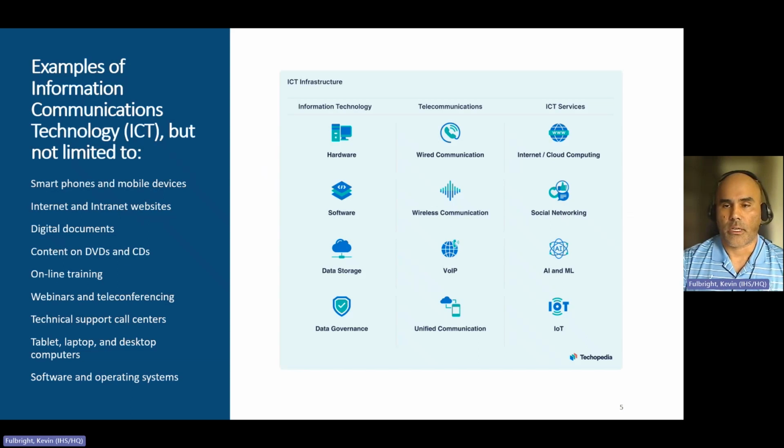As you can see here on this slide, ICT is any technology used in communications and covers a wide spectrum. At any point in your workday at the Indian Health Service, you will interact with several of these items. One example, drafting digital documents and emails. You want to keep things in mind, such as font size, no smaller than font size 12.